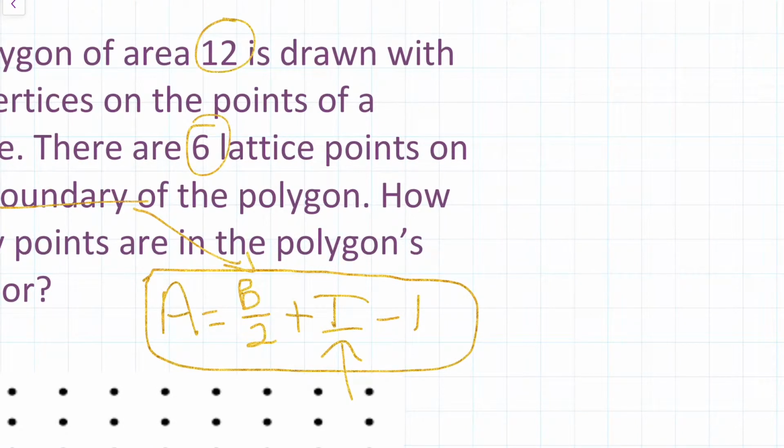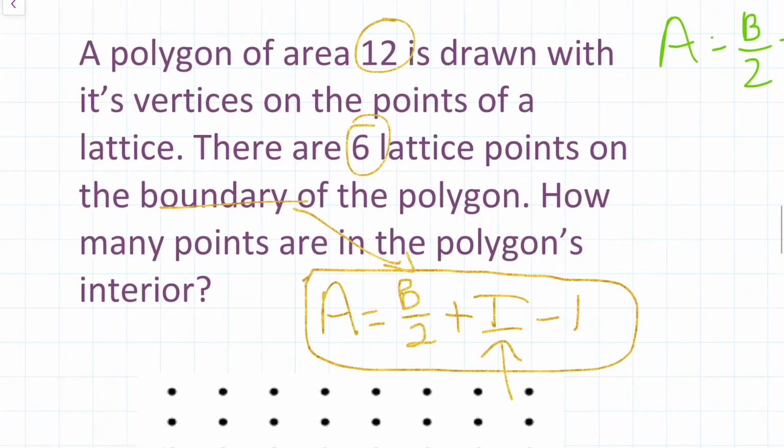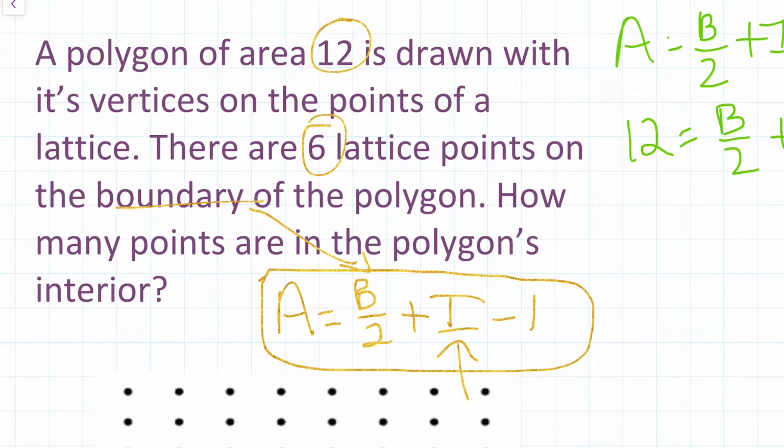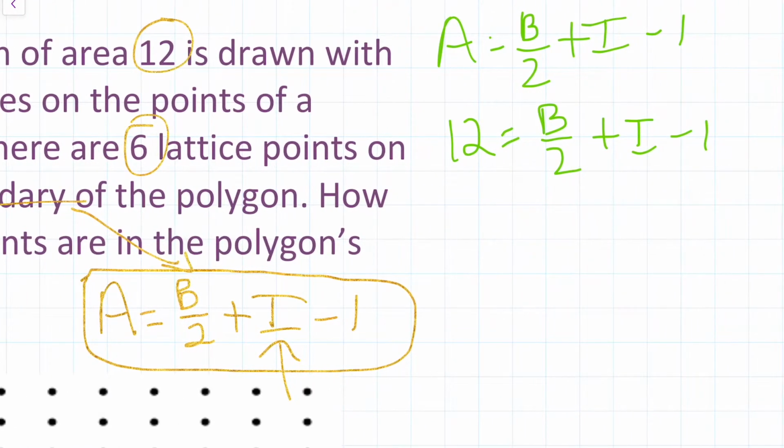So let's write our equation as A equals B over 2 plus I minus 1. We know that it has an area of 12, so we can plug that in as A. We know the amount of boundary points because the problem states that there are 6 lattice points on the boundary of the polygon. So you can say that B equals 6.